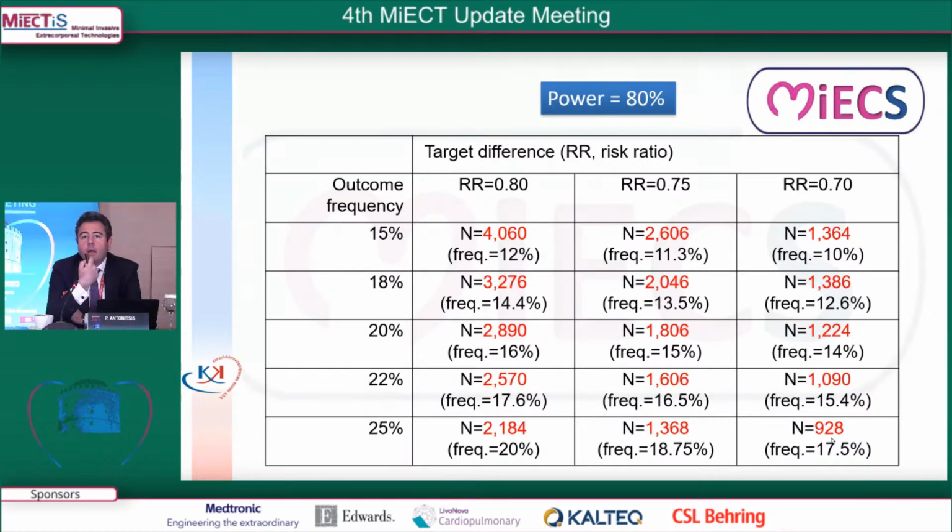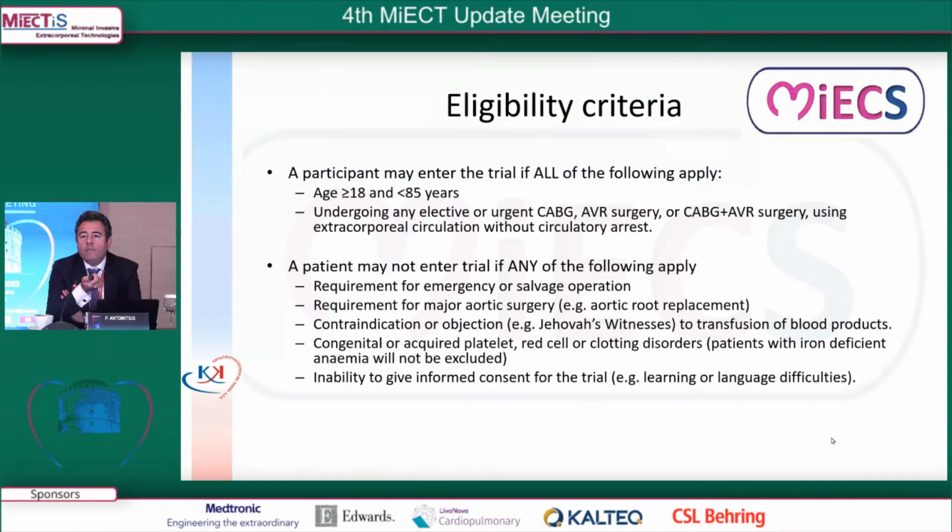And according to the power analysis, we have calculated that for a power of 80% and considering that the primary outcome is at the level of 20%, we need about 1,200 patients in order to have sufficient power. So we designed the study, and these are the study arms. We have designed the study according to these figures.